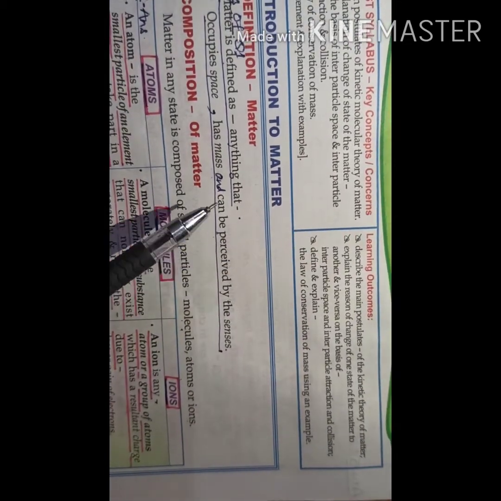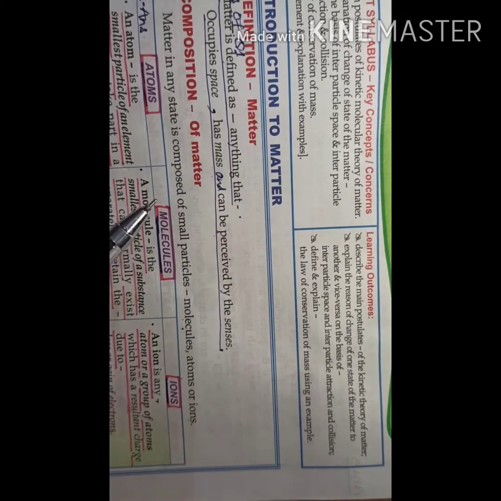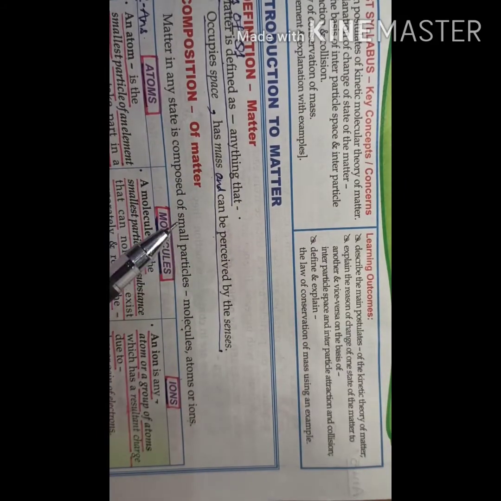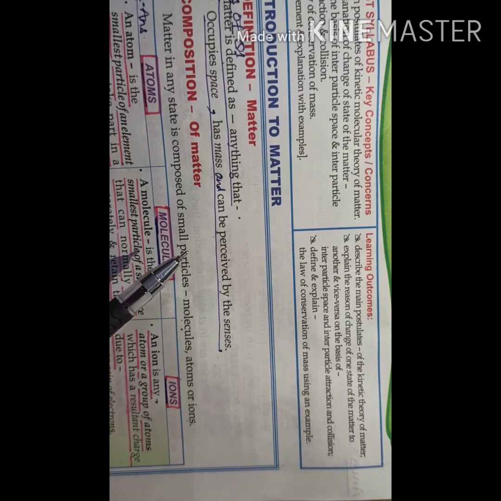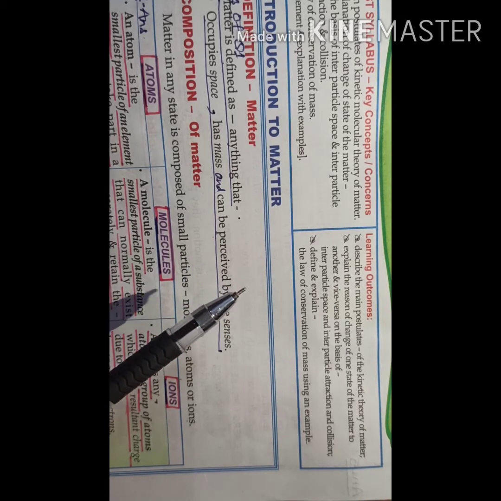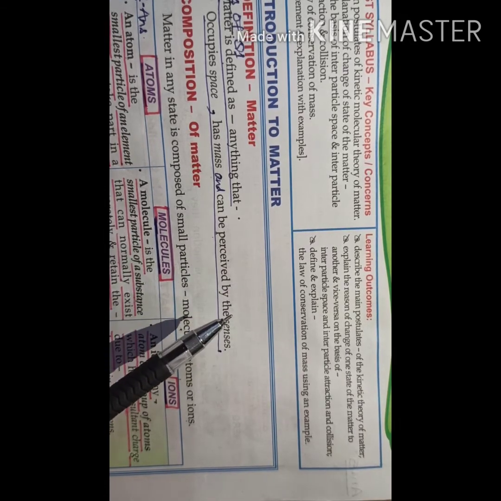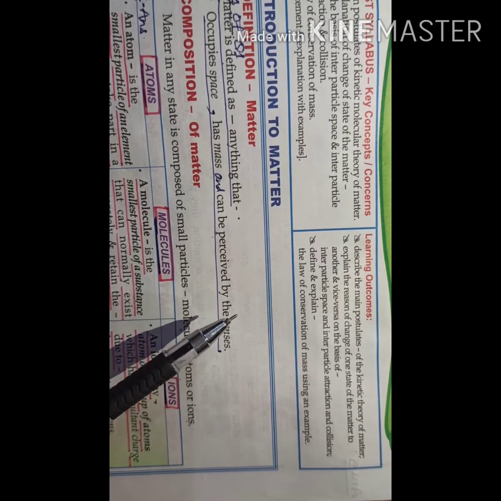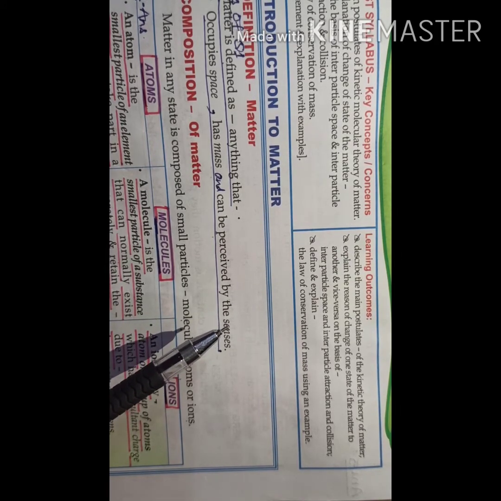All of you know, if we look around us, we see a number of things like book, chair, pencil, table, sand, soil, air, water, the clothes which you are wearing, the food which you eat. All are made up of different types of materials and are called matter in science.